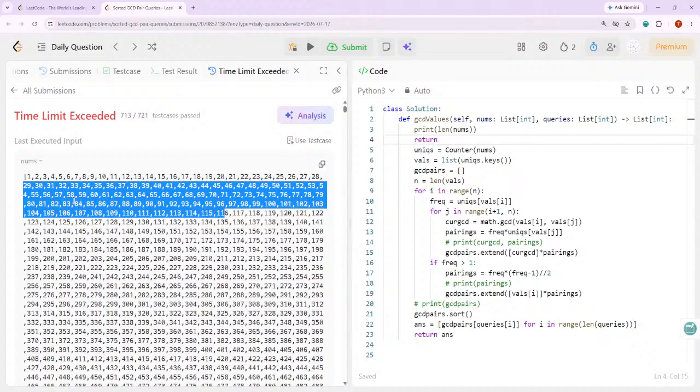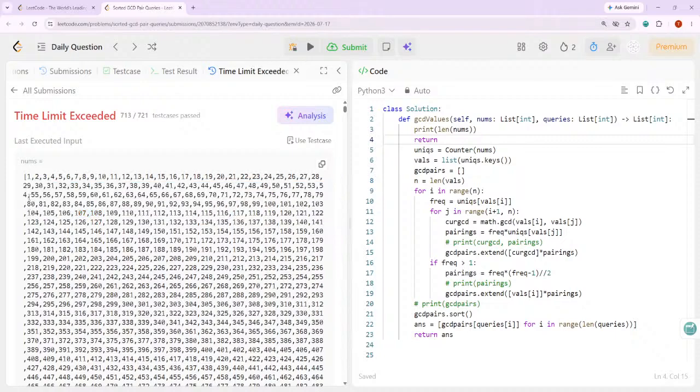If I were to divide by... Oh! What if I did something where... hmm, 2, 3.